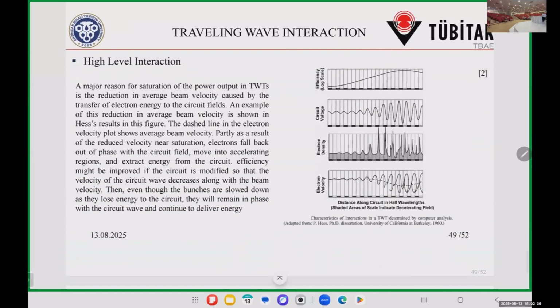And in the other figure, if the electron beam passes through the helix, it has electron density and electron velocity, and after some distance, we can see here the electron velocity gets a multivalent region here, multivalent region.